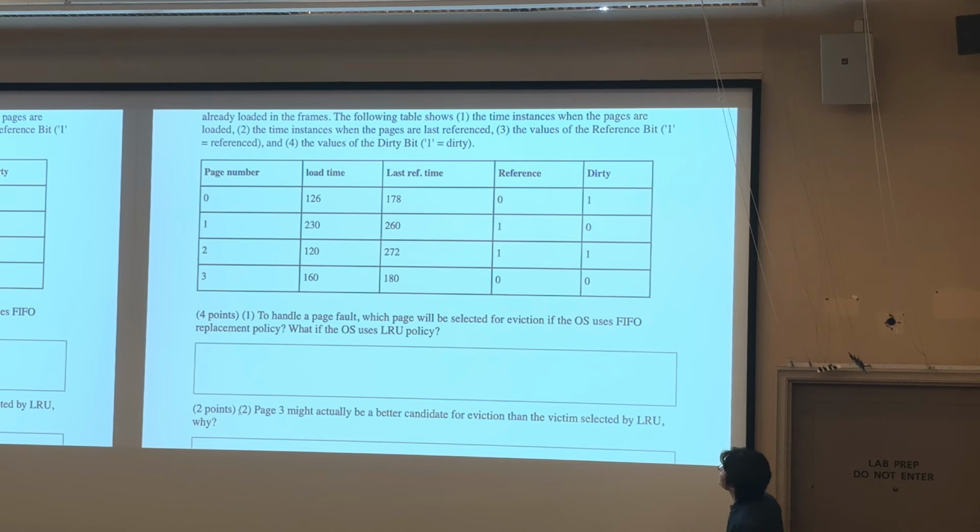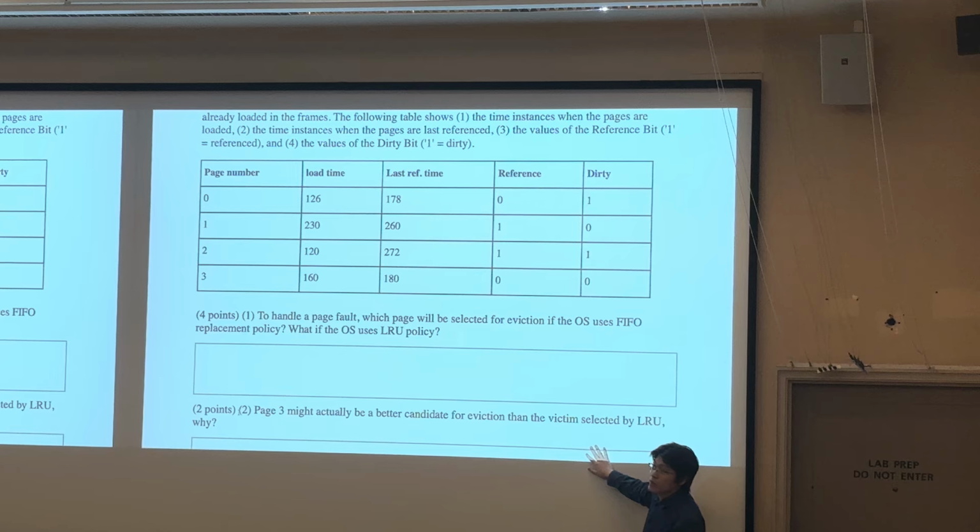What is the reason? Because it's not dirty, so you don't have to pay for flushing it. Yeah, its dirty bit is 0. So you don't need to write things back. Okay.